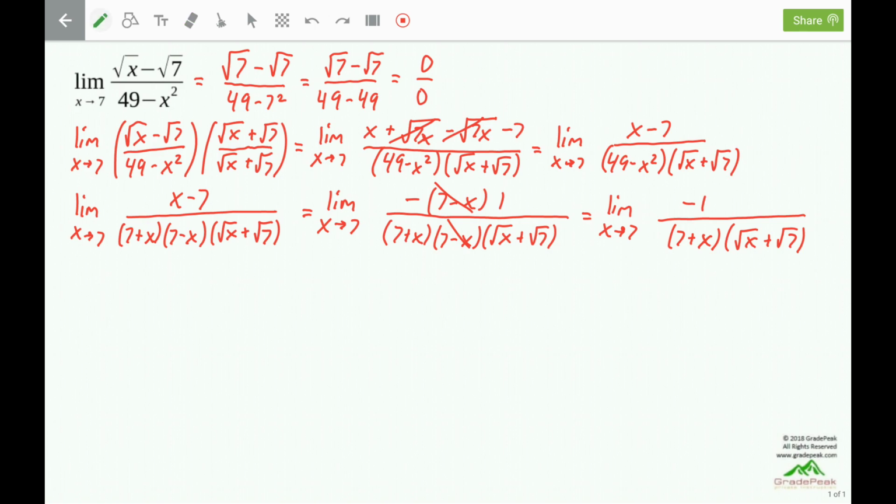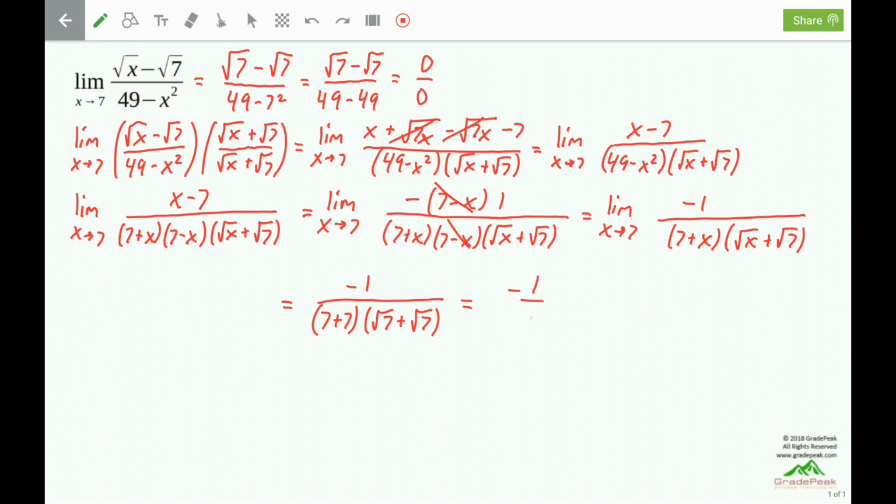Since we've removed the factors that were making the 0 over 0, we should be able to retry plugging the 7 in for each of the x's. We will have a negative 1 divided by 7 plus 7 times root 7 plus root 7.